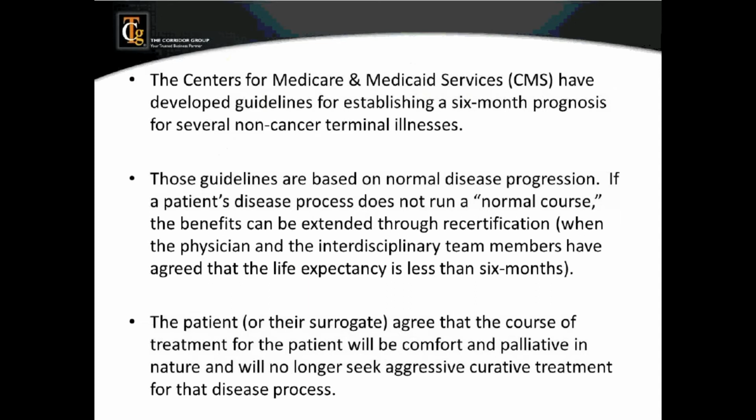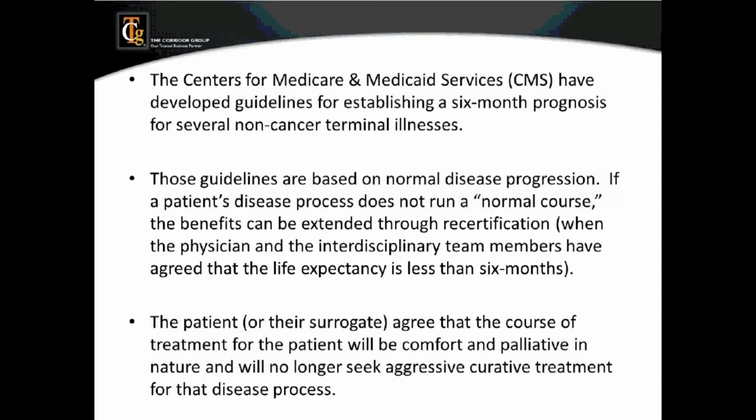So when we're saying that the disease is running its normal course, we're saying this is what textbooks, this is what research, this is what CMS has guided us to say are specific indicators that would prognosticate that this person, our best option on prognostication, has 6 months or less.